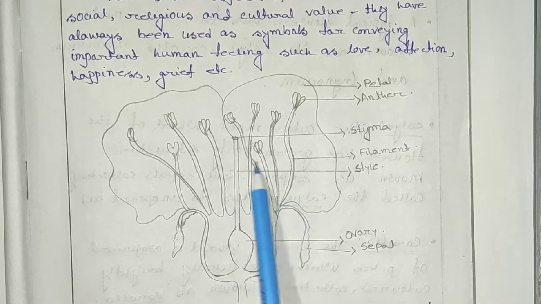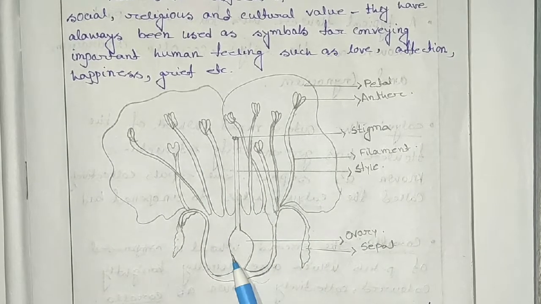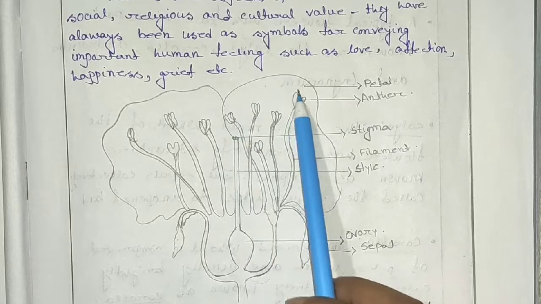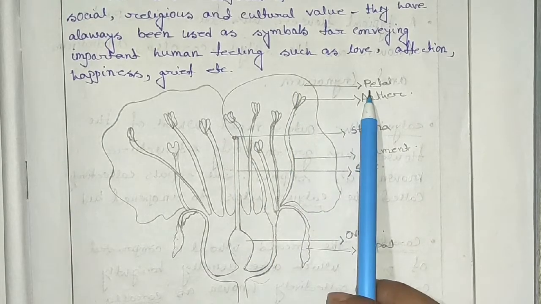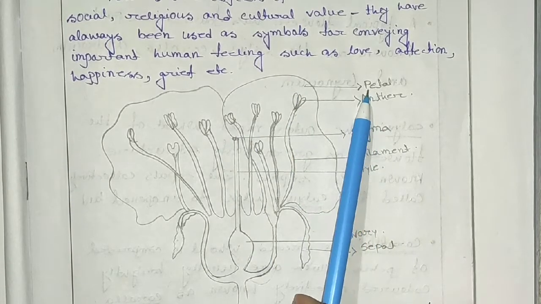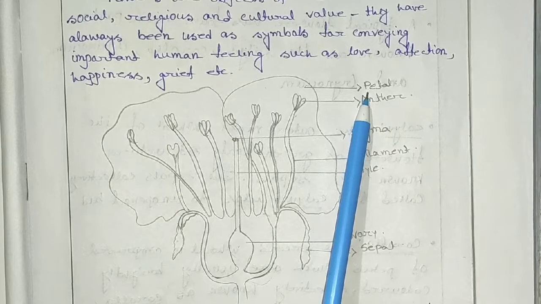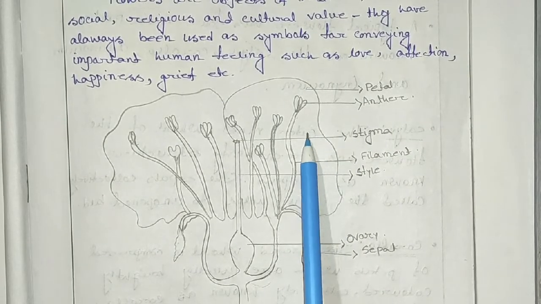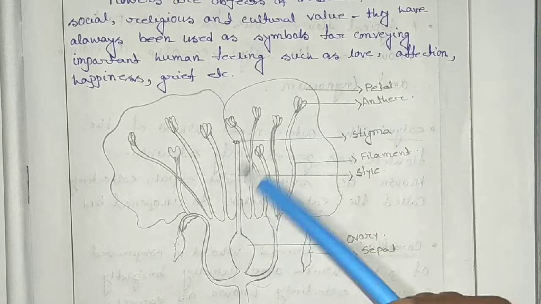Here, this is a longitudinal section of a flower. This part is a petal. We know petals are very bright in color, and it differs in different species. This is the anther.